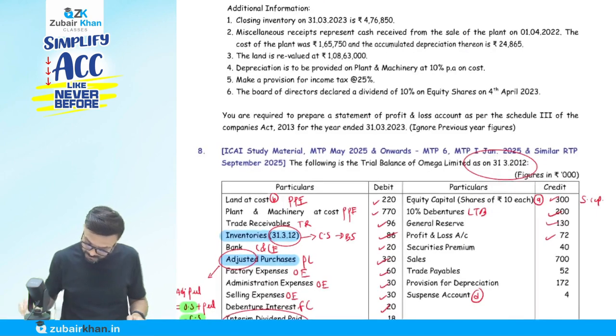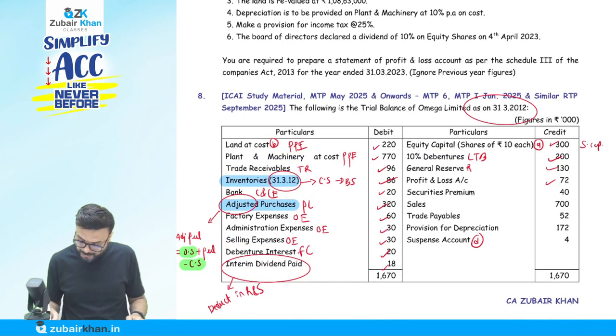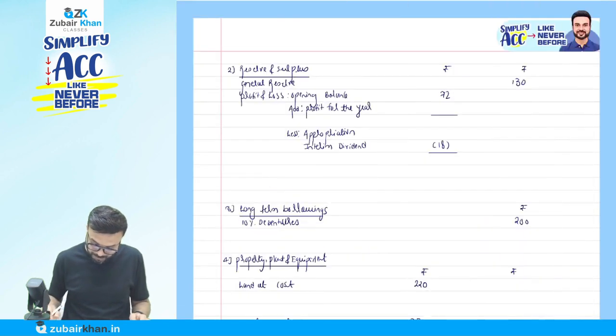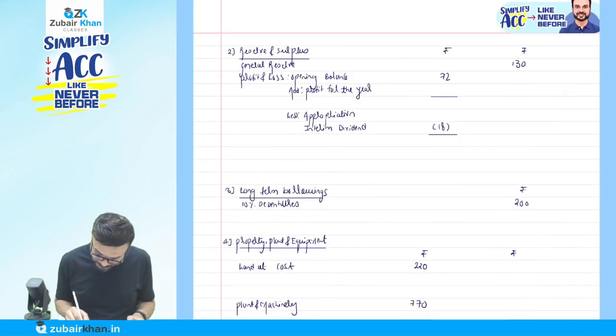Then we have general reserve, which will come under reserve and surplus. Profit and loss account will also come under reserve and surplus. Securities premium, we have to write it down in reserve and surplus. We have not yet written 40. So write down in reserve and surplus, securities premium.